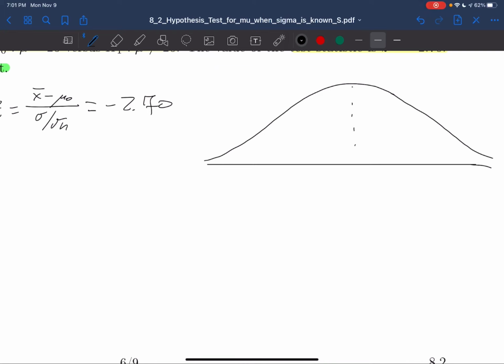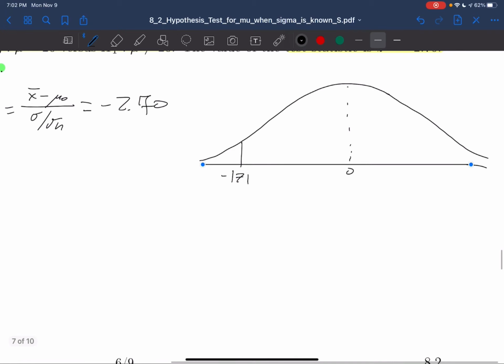So this is our mean 0. So this is saying that we want to find the area to the left of this, and the right of the positive side. But the great thing about the standard normal curve is that it's symmetric.